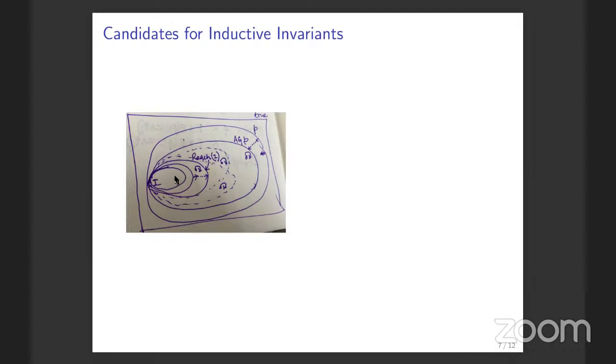But the challenge is, how do I guess the over approximation? The hope is that if I start from a larger over approximation of I, then I could reach the fixed point faster.